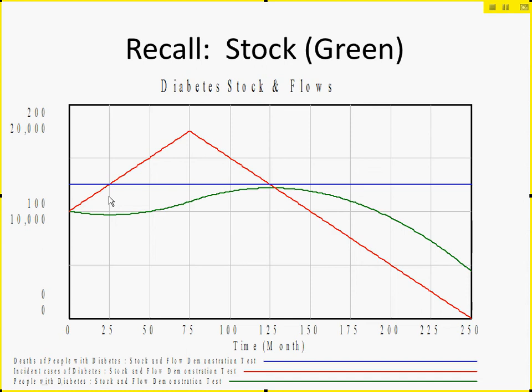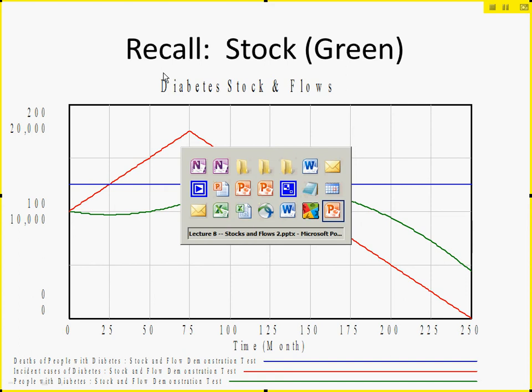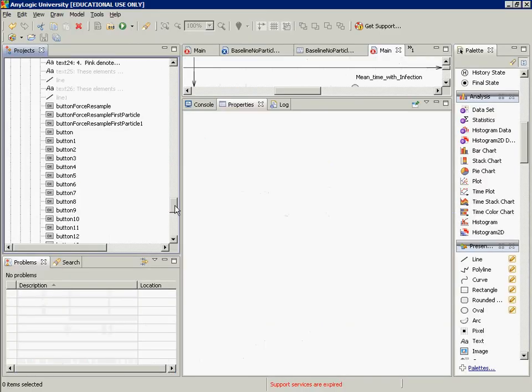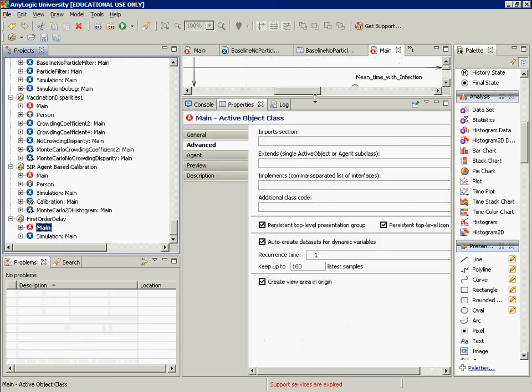Because AnyLogic will be serving as our primary modeling tool through this term, I thought I'd give some indication in AnyLogic how we'd go about creating a case like that. Okay? So I'm going to switch over here to AnyLogic, and I would invite people to follow along. And I'm going to reopen that model which we built with modest fanfare during our last session.